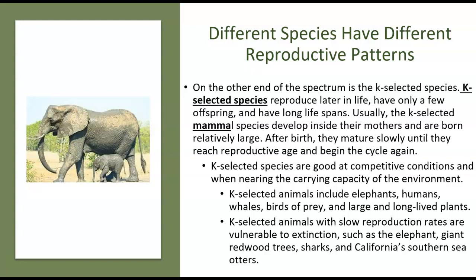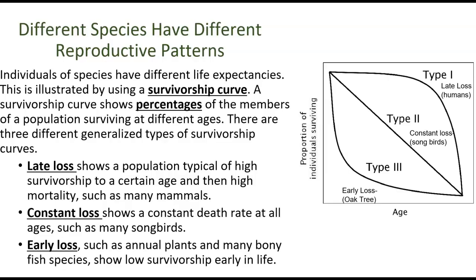They take a while to get to reproductive age, and then they don't have a whole lot of offspring when they do. So the process of repopulating is much slower than for R-selected species.